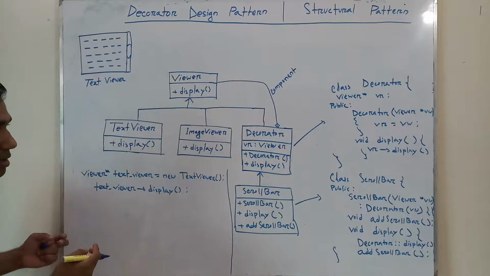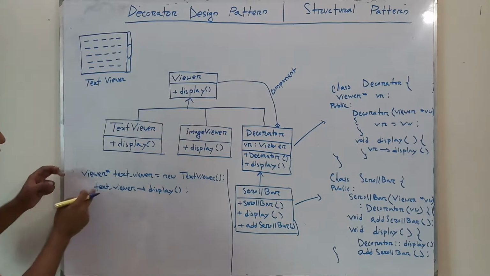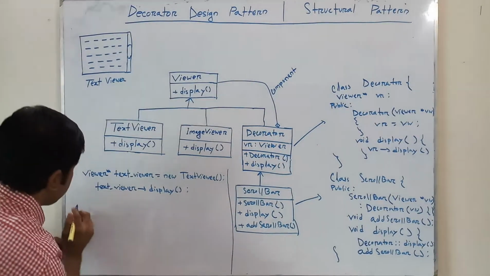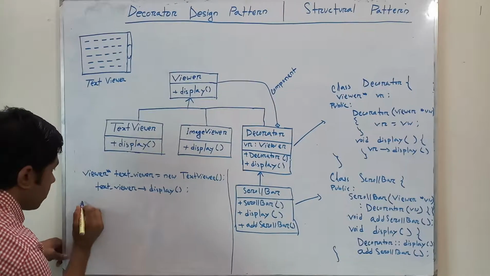Now the client needs to add the scroll bar. How can the client add the scroll bar without destroying this? Simply by using an object of ScrollBar, which is also of viewer type.